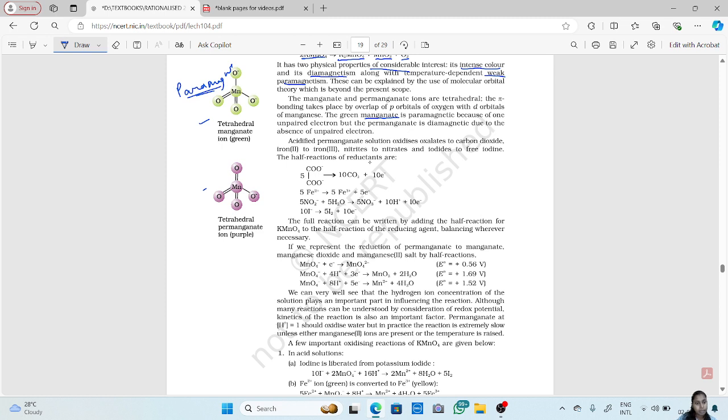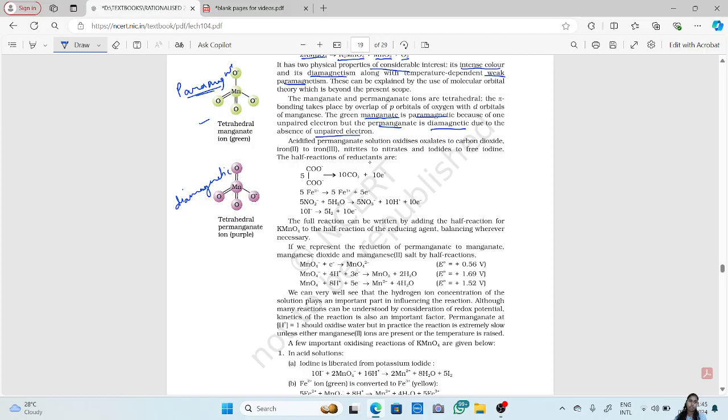And permanganate is diamagnetic. Why is it diamagnetic? Because of the absence of unpaired electrons.